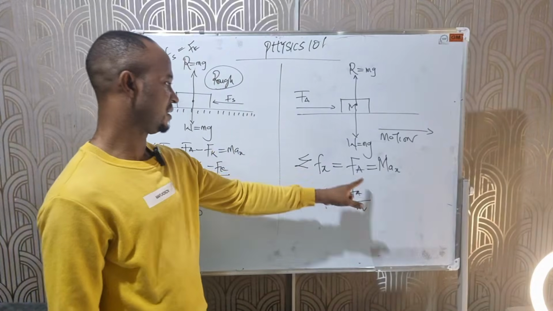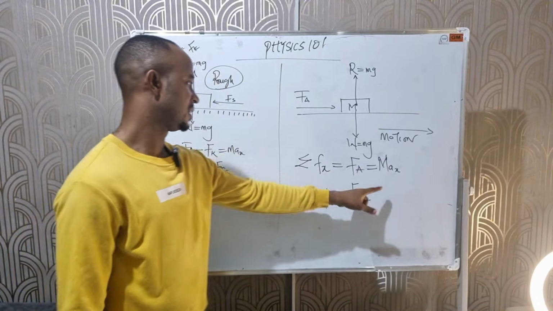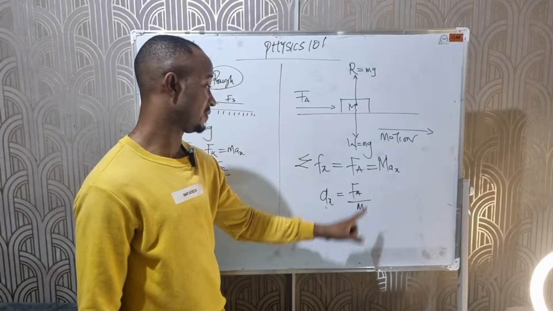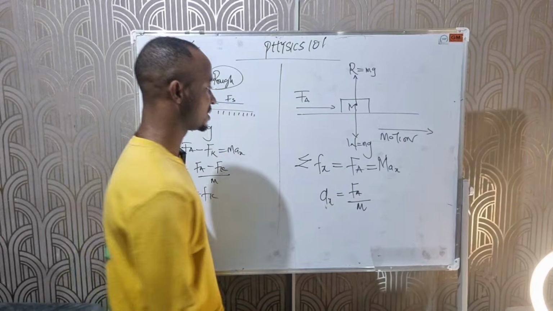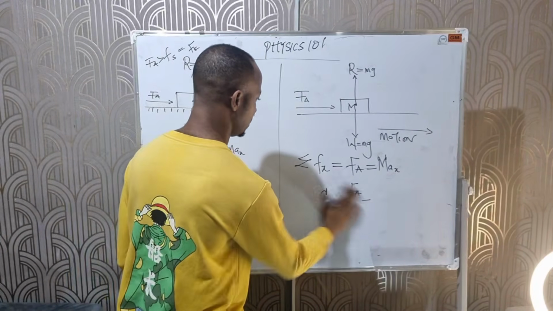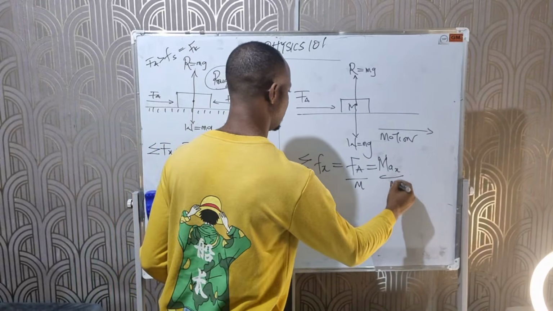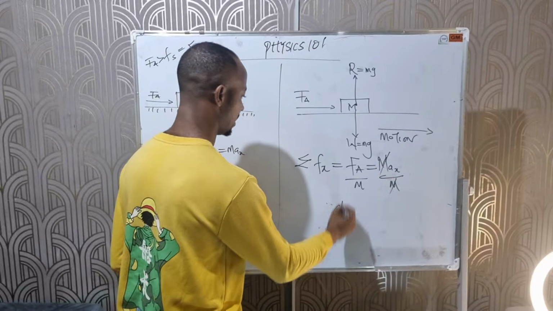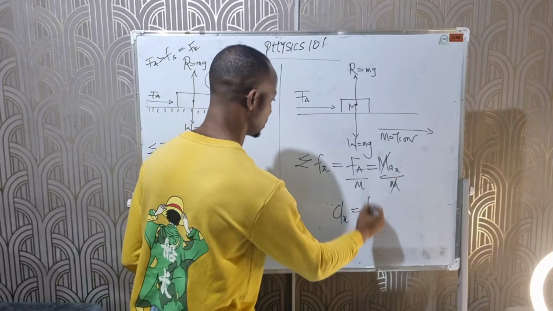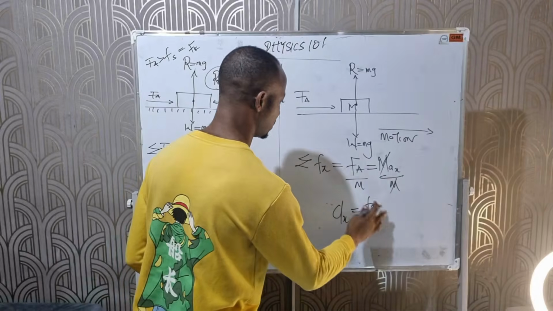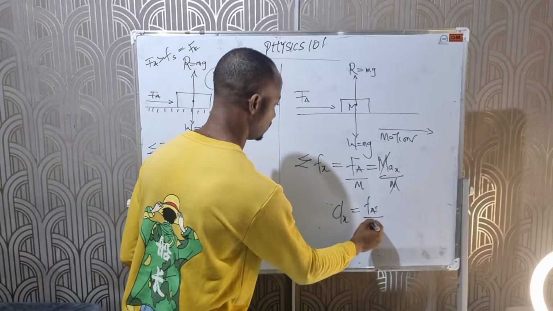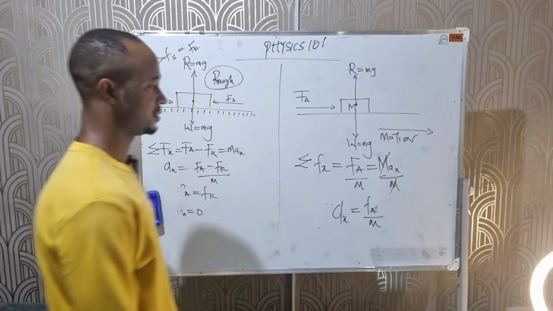If Fa equals m ax, we divide both sides by m, so mass cancels mass. We are left with acceleration equals the applied force over the mass of the body.